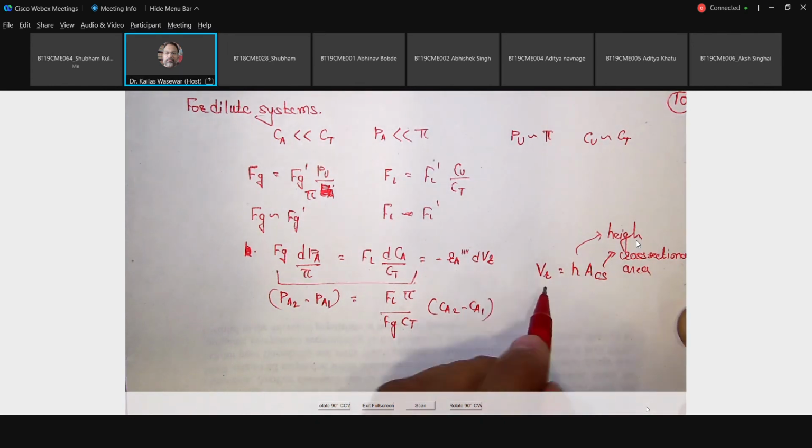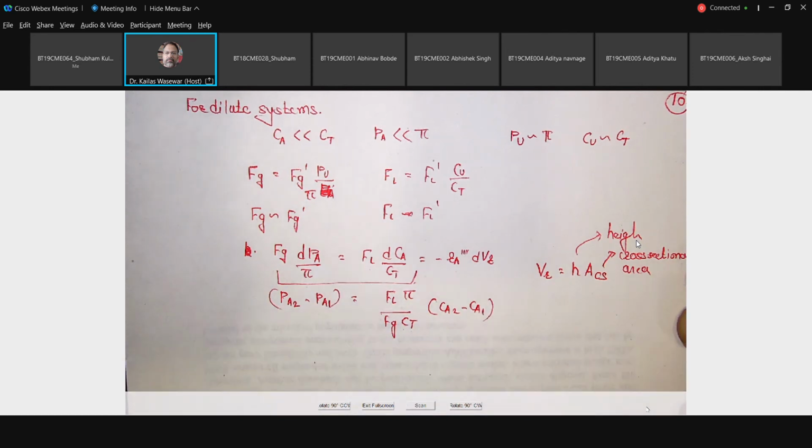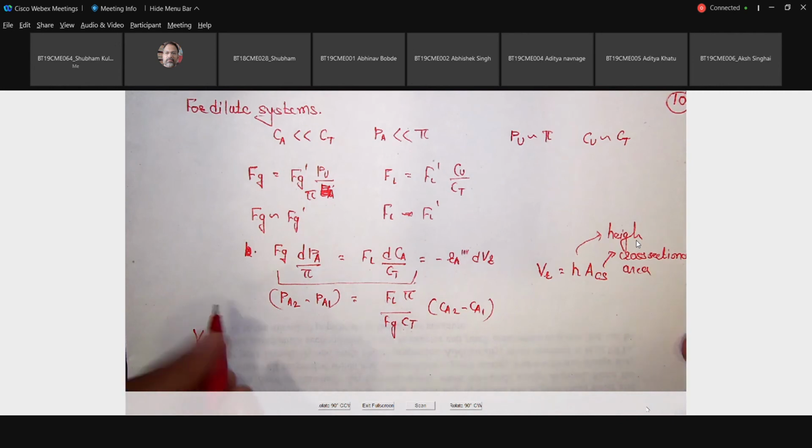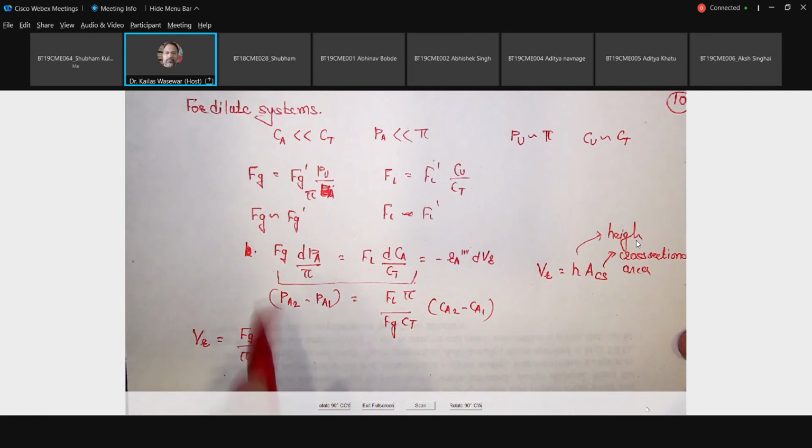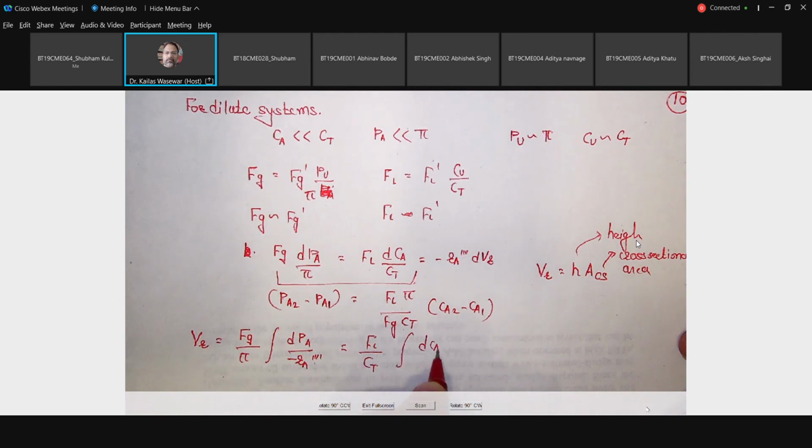So VR, we can write by using these relations: Fg upon pi, integration of dPA upon minus RA prime, is equal to FL upon Ct dCA by minus RA.